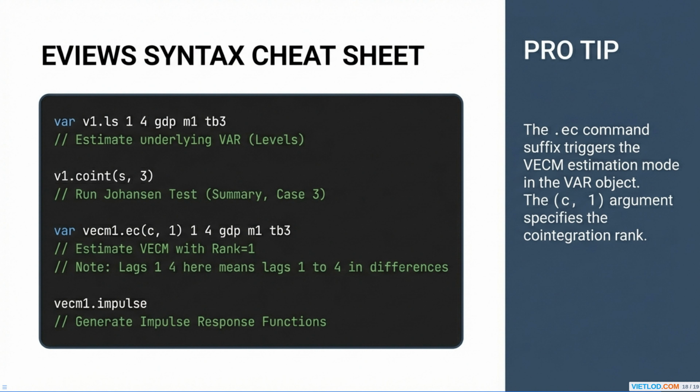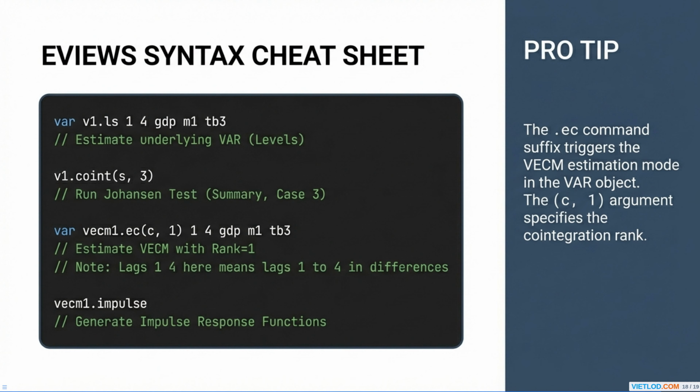Once the optimal lag is selected, we perform the Johansen cointegration test using a command such as v1.coint(s) 3. The (s) 3 argument means we want a summary output and are applying the test under case 3, which assumes an intercept in the cointegrating equation but no trend in the data.